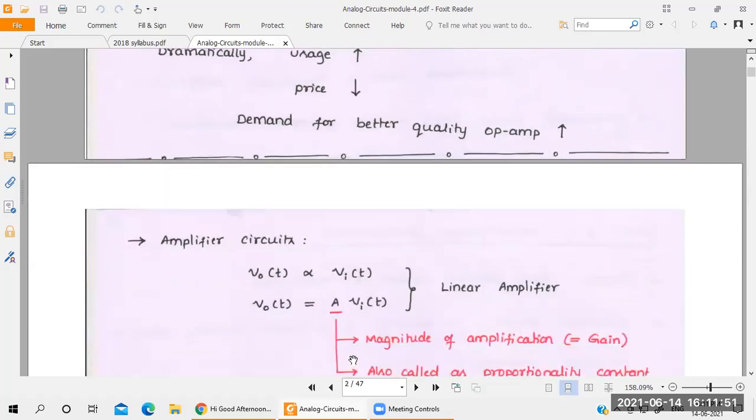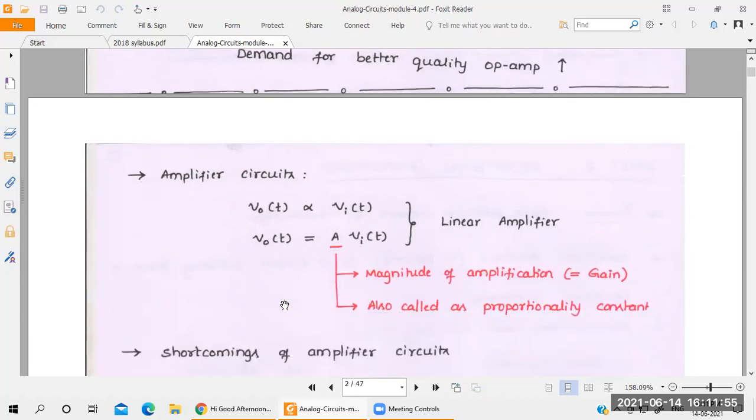Next, when you come to the amplifier circuits, take now the output voltage and input voltage. If you take a general amplifier, neglecting the op-amp, and design any amplifier, first you take input and output with respect to time. With respect to time means the input and output voltage always depend on the AC source.